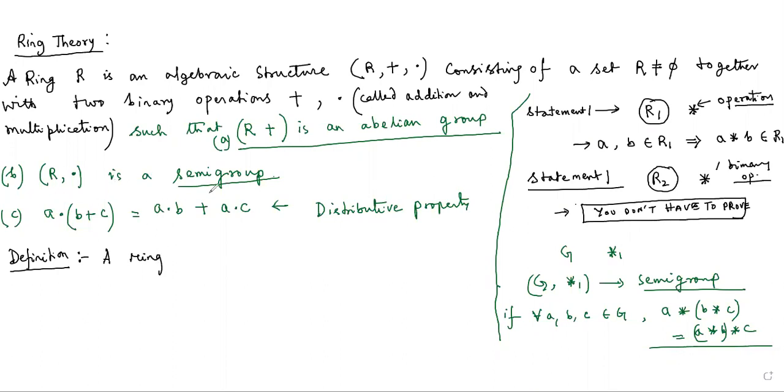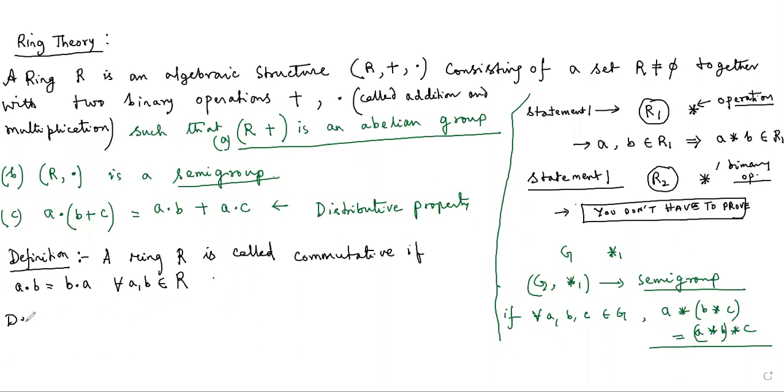See, in the definition of ring, nothing is mentioned regarding the commutativity of the elements of R with respect to multiplication. So the mathematicians thought, let us introduce another property: ring R is called commutative if, with respect to multiplication, the elements commute with one another, and it holds for all the elements present in the set R.